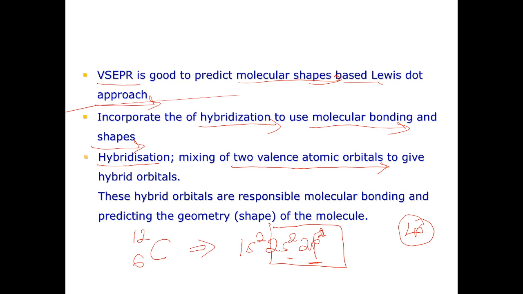The other thing you can note is that valence atomic orbitals are basically in the outermost shell, the one having the highest principal quantum number.